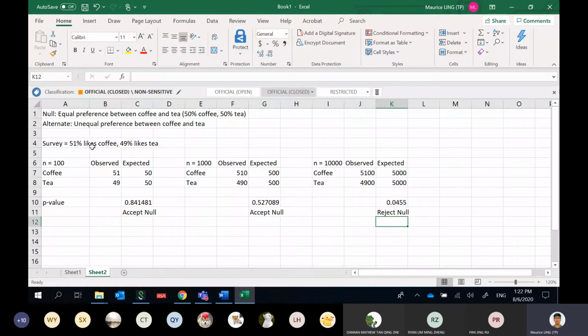See the percentage. If I use percentage, whether it be 10,000 or 100,000 people, this will be the case. But the sample size actually makes a difference. You can see that the p-value changes, even though the percentage remains the same. This is the reason why you have to use frequency instead of percentage.